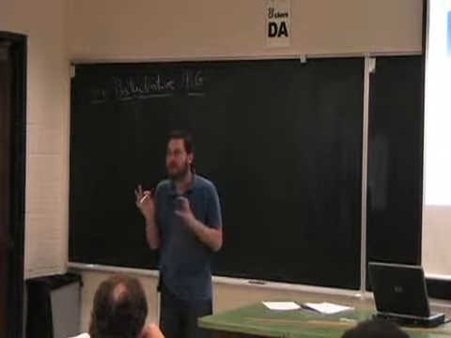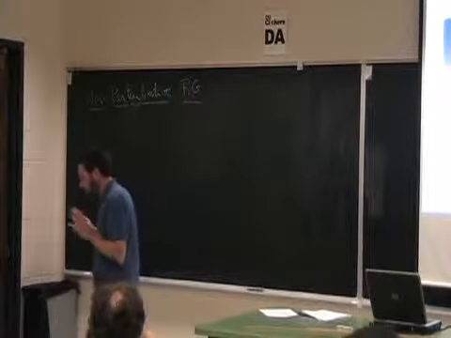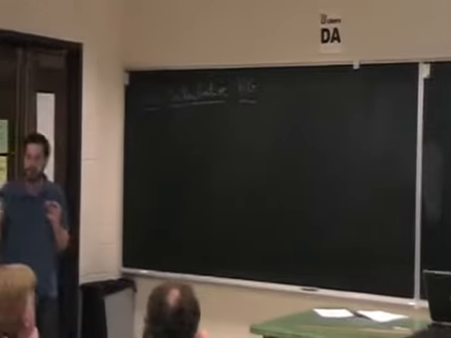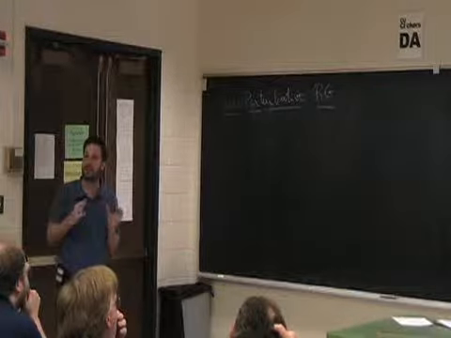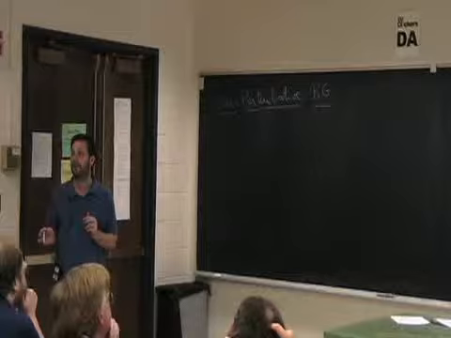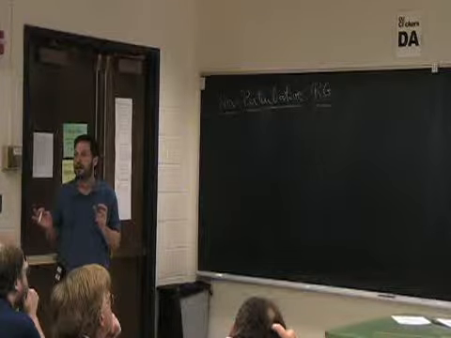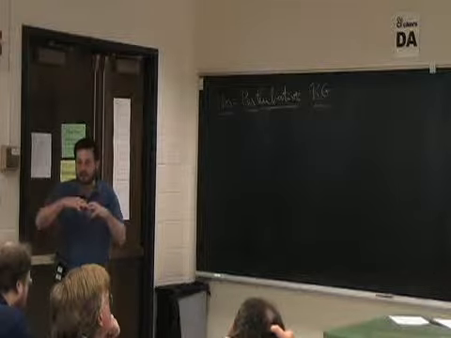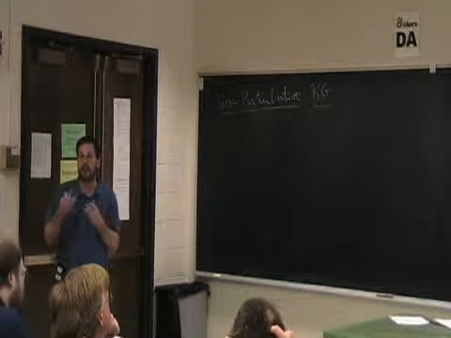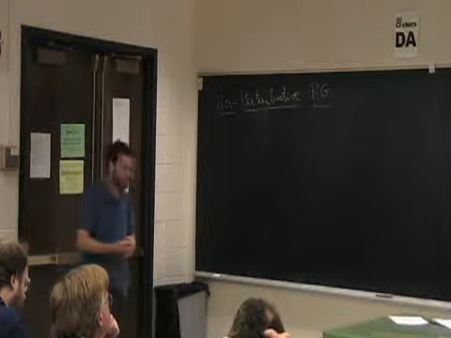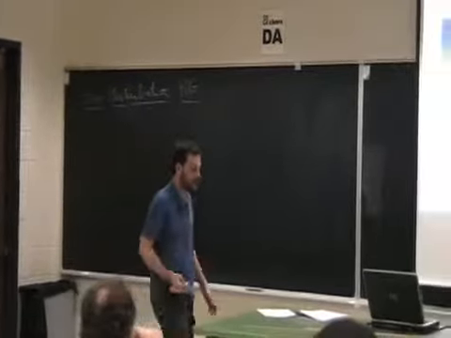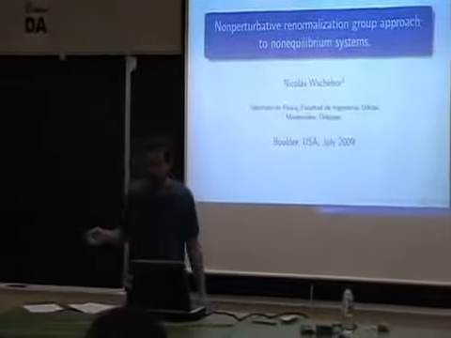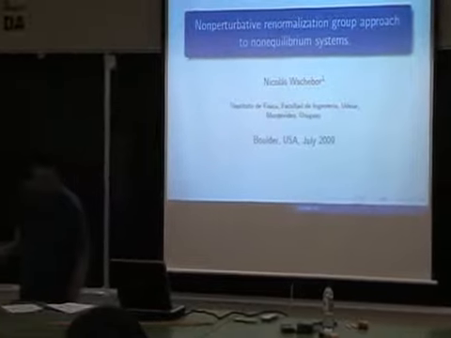And the main point is that this reformulation allows for the formulation of approximation schemes that are not based on perturbation theory. That's the main point. It is like perturbative RG, but the structure of the equations allows you to formulate other kinds of approximation that need not be based on perturbation theory.